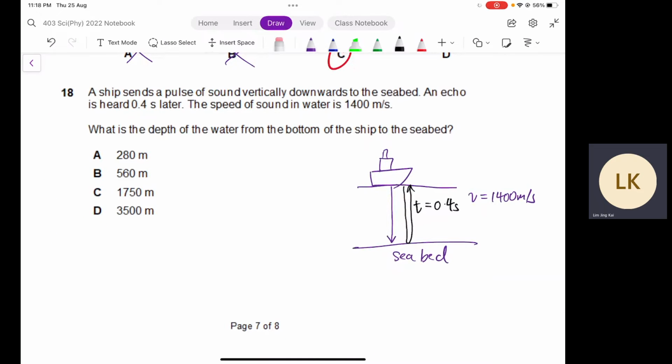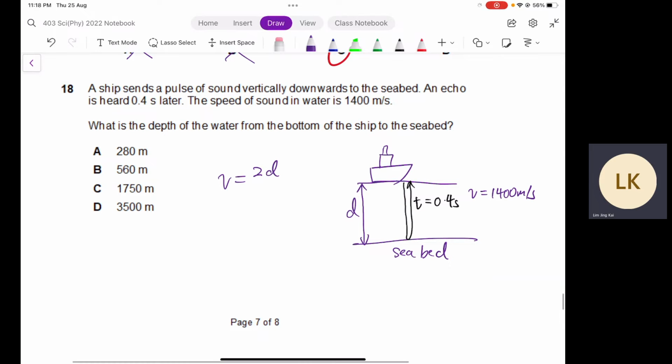Because they're asking for the depth of water, let's assume that the depth of water is called d. Essentially, the sound has to travel from the boat to the seabed and back up. So the distance completed by the sound is 2 times the depth of the seabed, divided by the time t, which is 0.4 here.